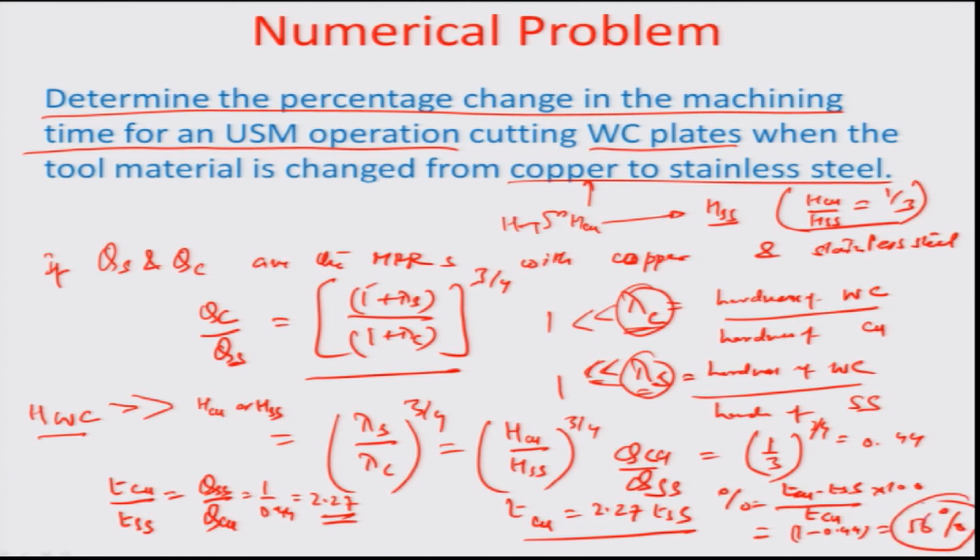So there is a change of time of almost the order of 56% when we are changing the tool material from copper to stainless steel, talking about the USM process on a tungsten carbide plate. Similar numericals can be derived when even the workpiece material gets changed, and a ballpark figure could be arrived at for the difference in machining time based on a change of the tool as well as the workpiece materials.